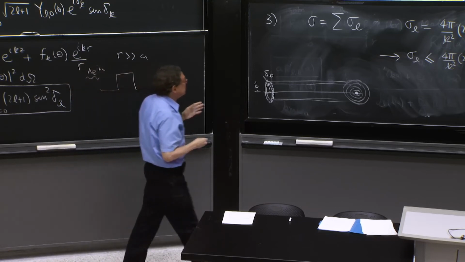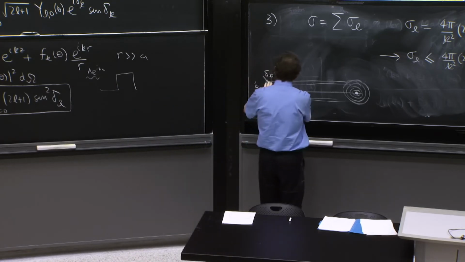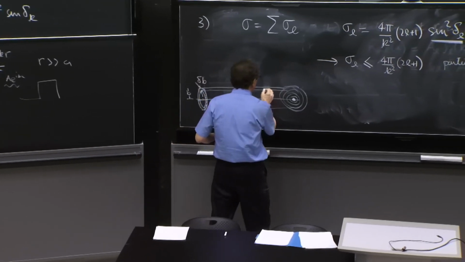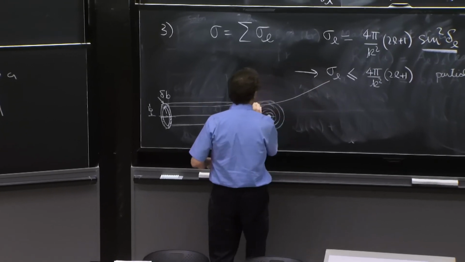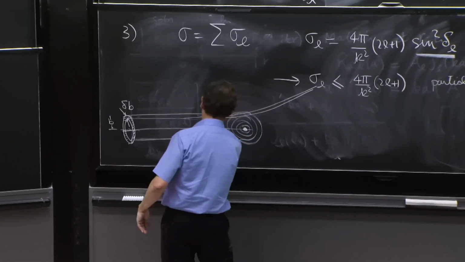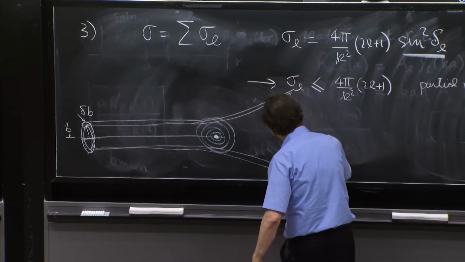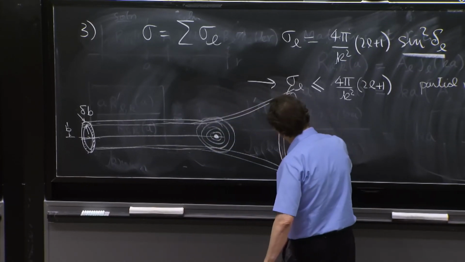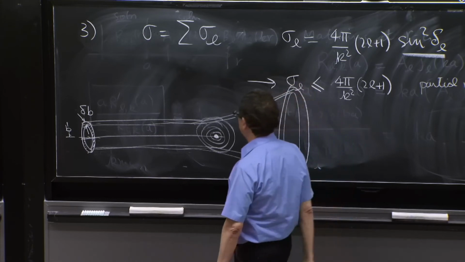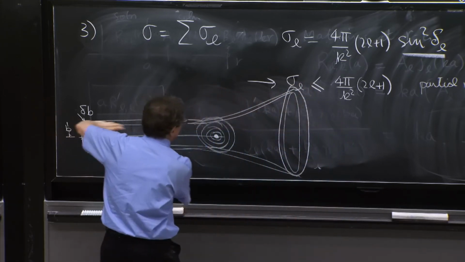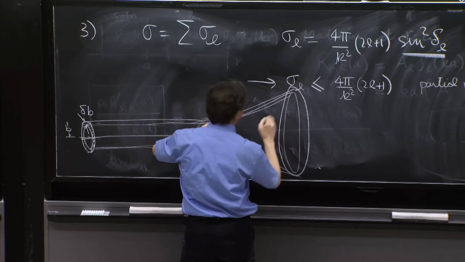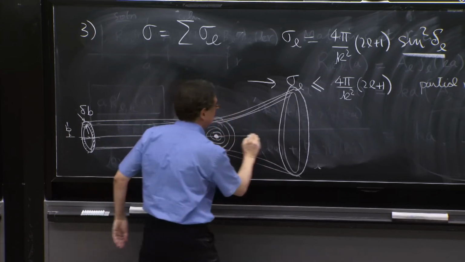So I can imagine very well that this shell just goes here, and it becomes a shell here of particles that are going off at some angles.